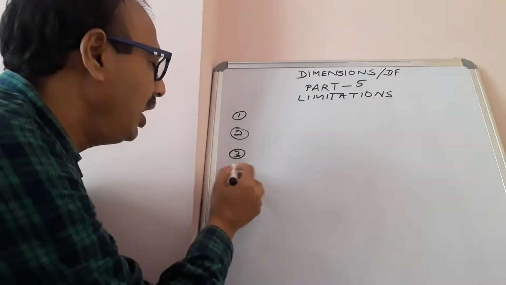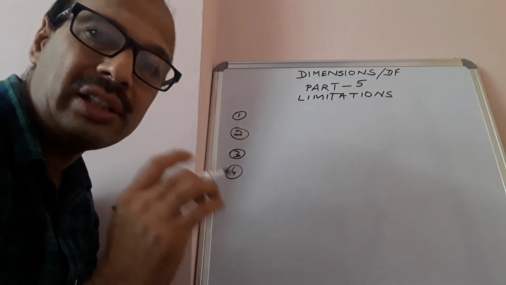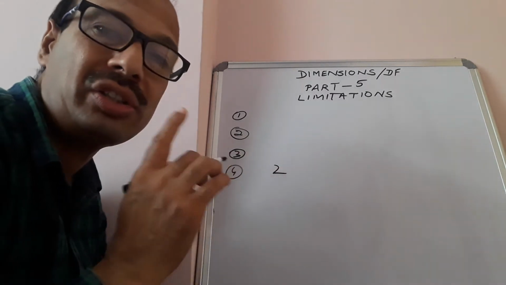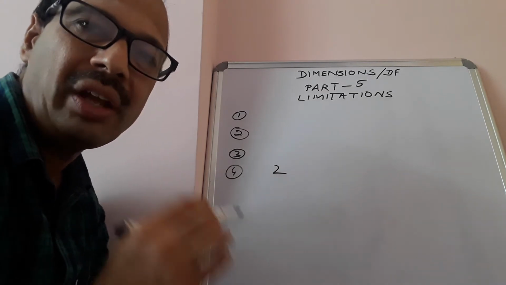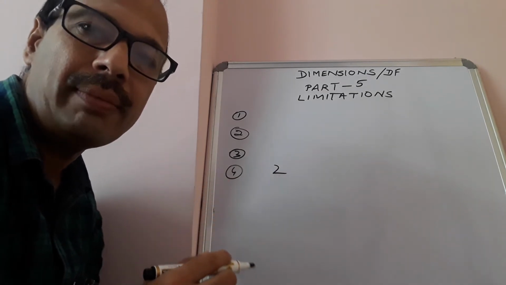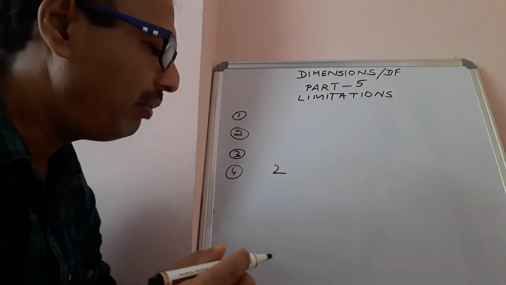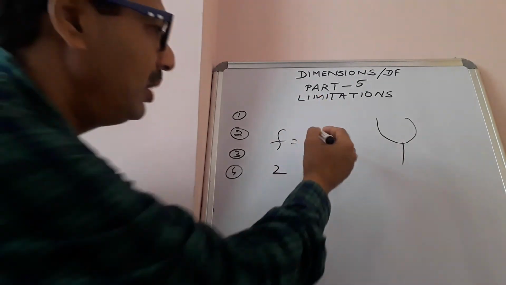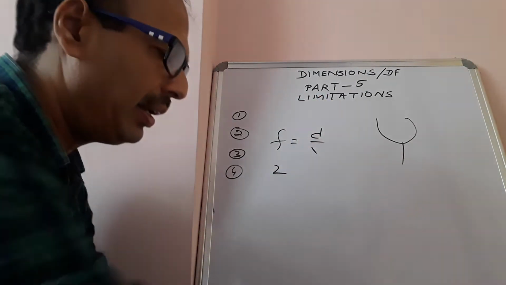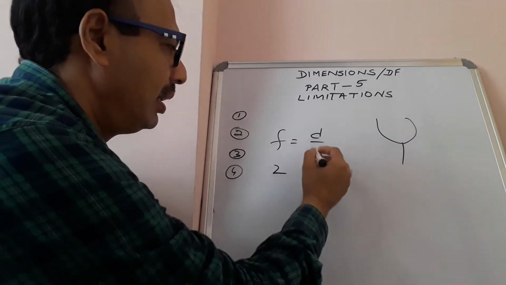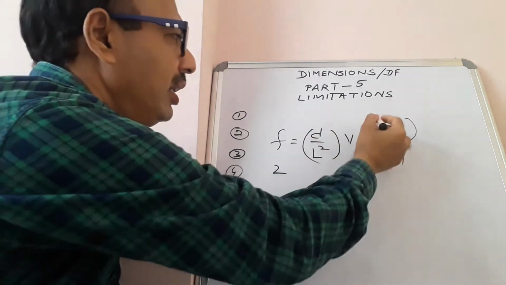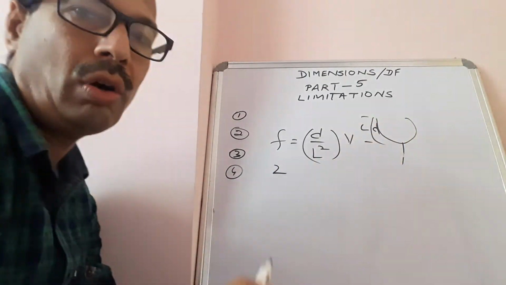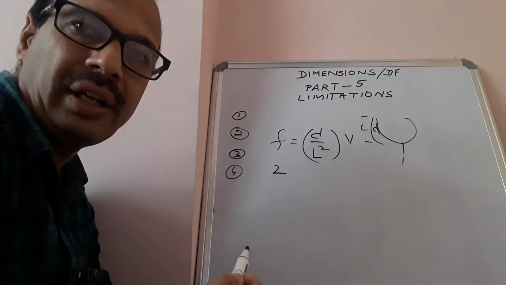And there are some equations, even though they contain 3 quantities, among them if 2 of them have the same dimensional formula, then it is not possible to derive such type of equations. For example, frequency of tuning fork, the formula for that is d by L squared times velocity, where d means this thickness, L the length of the prong, and v the velocity in this.